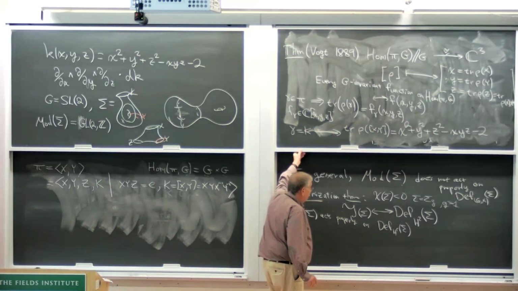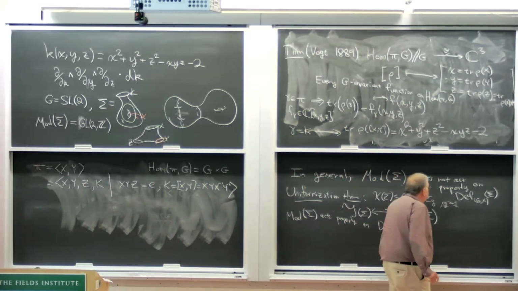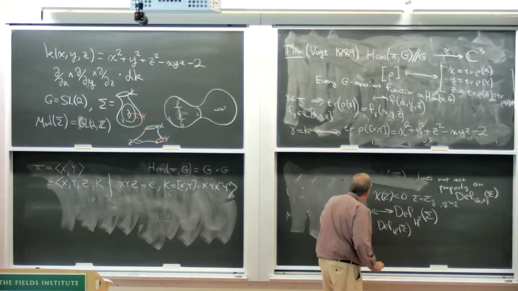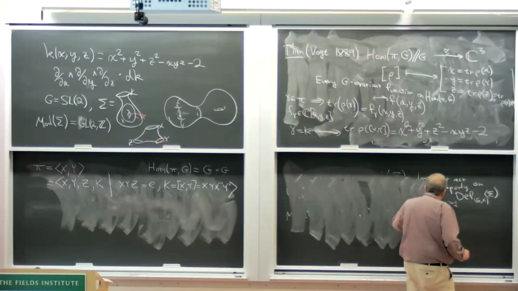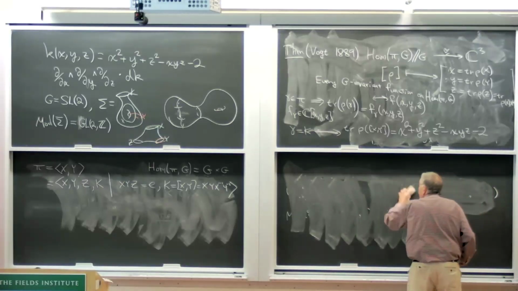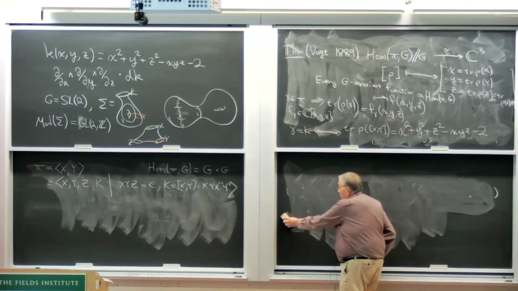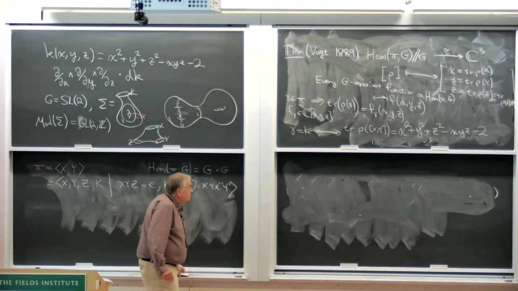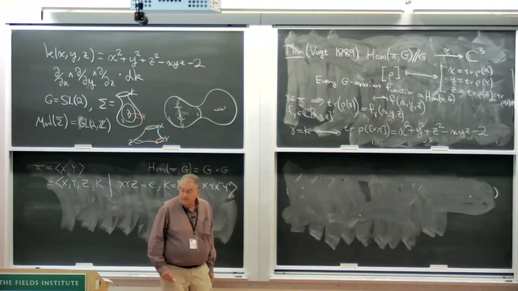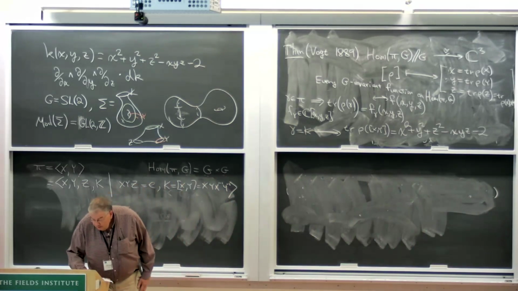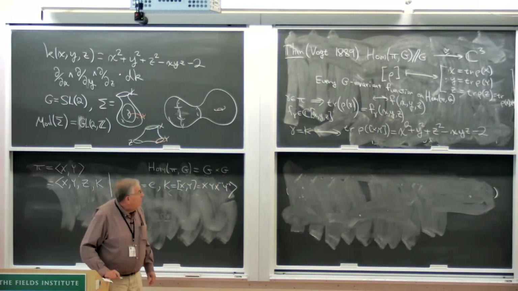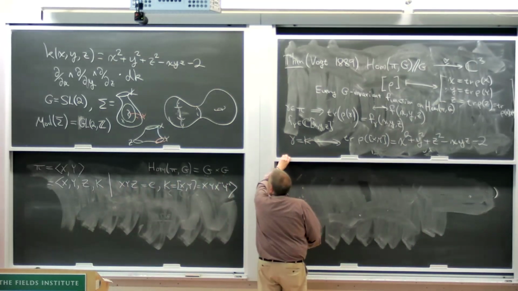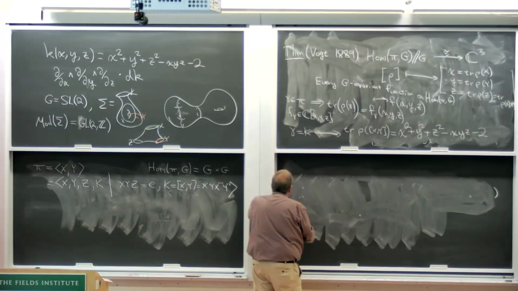Okay. So that leads to studying this dynamical system of the automorphisms of this polynomial, just as in family of affine varieties. Okay. So I'll call this k of x, y, and z.